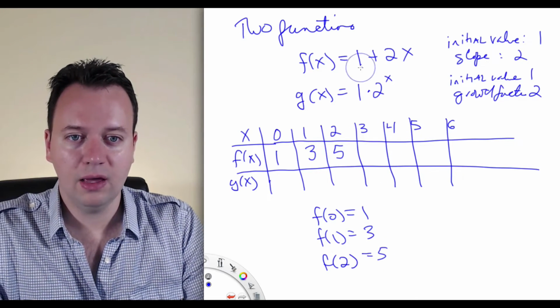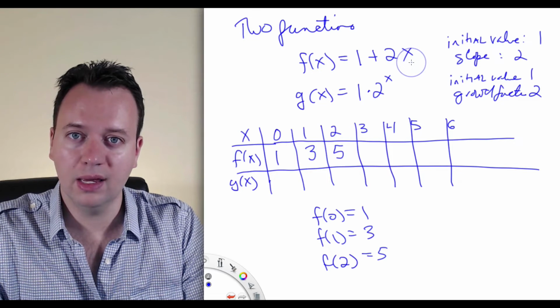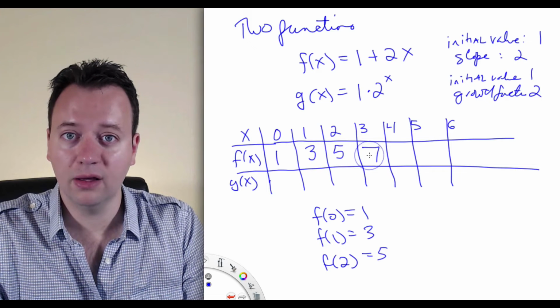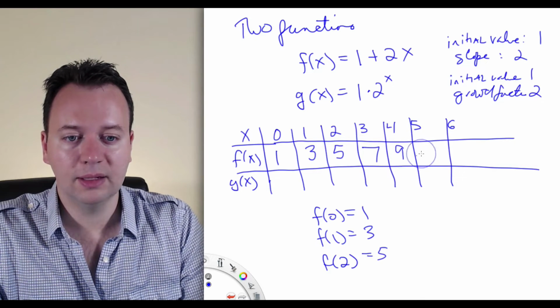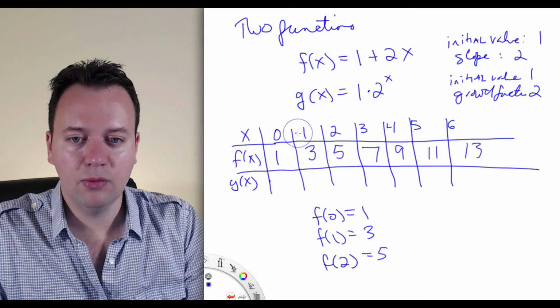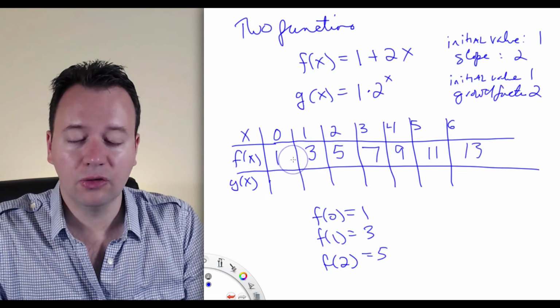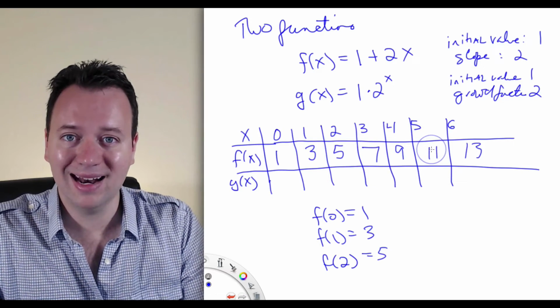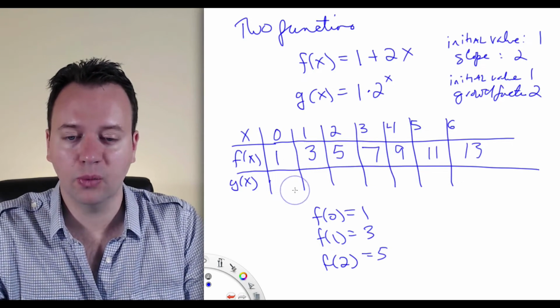F of 3, we get 1 plus 2 times 3, which is 1 plus 6. We get 7. Again, the y value has incremented by 2. And similarly, we get 9, 11, 13. So every time I move a step forward in x, the y value is increasing by 2. I'm just adding the number 2 to the previous y value.